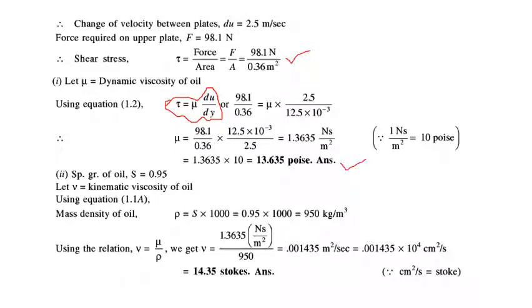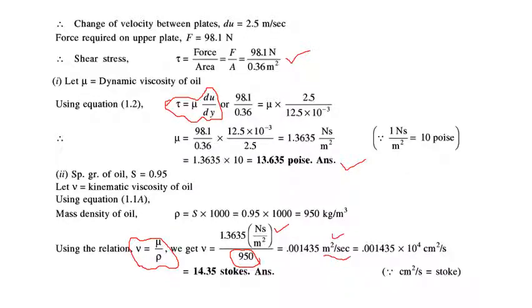And you know, kinematic viscosity is the ratio of dynamic viscosity to mass density. The mass density of oil, it was given the specific gravity was 0.95. So multiply by the density of water, which is 1000. So you get 950 kg per meter cube. You should also remember that you have to use the values of Newton second per meter square for dynamic viscosity and kg per meter cube for density in order to get the units meter square per second.